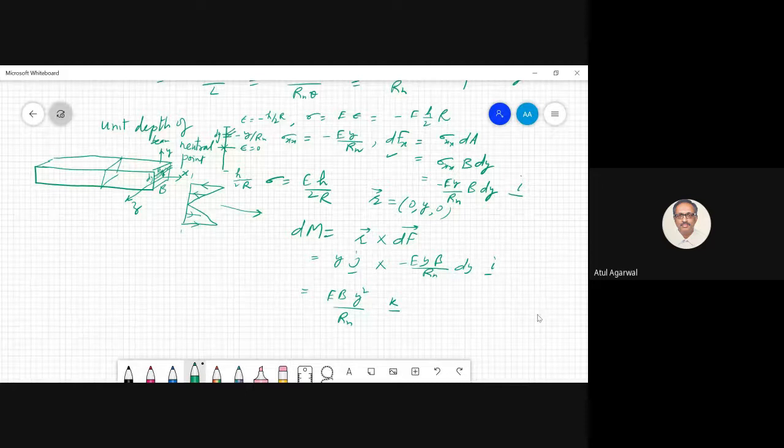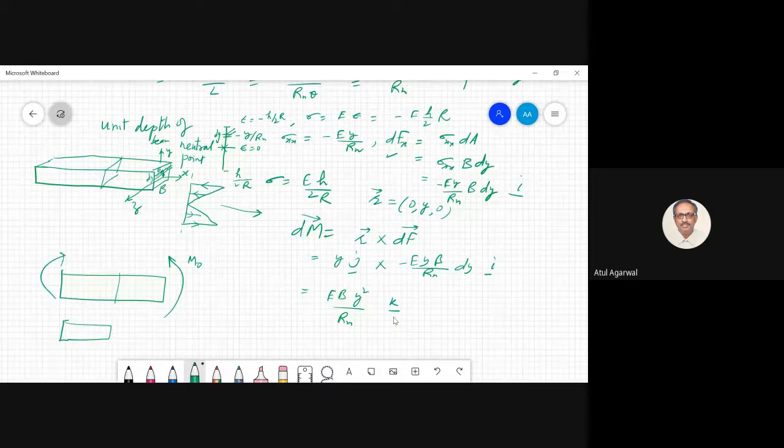So moment here is in positive k direction. You took a moment like this, M naught. If you take any other cross section like this, we are taking a cross section with normal vector in positive x direction. So moment here you will see is counterclockwise. So it is okay. Internal forces here are resulting in a counterclockwise moment on this face having normal vector in positive x direction.